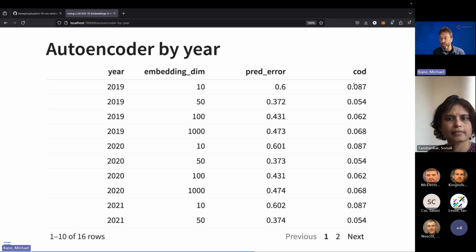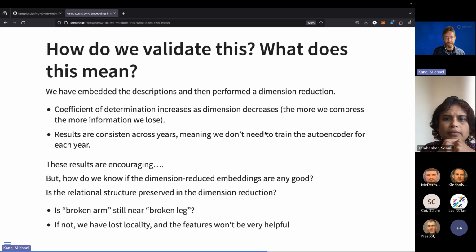So for 2019, for embedding dimension 1000, the variation that we're able to capture is with 6% of the information in the matrix or in the vectors. We're able to maintain a pretty low prediction rate, right?